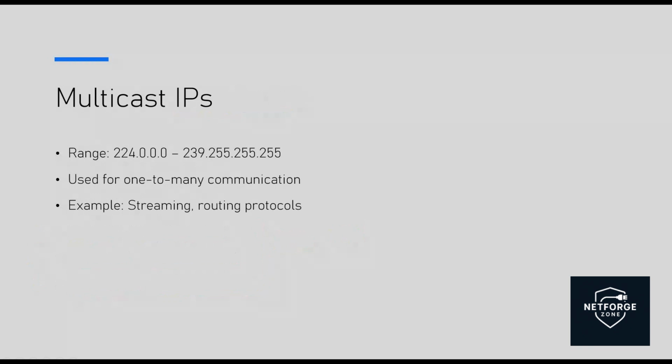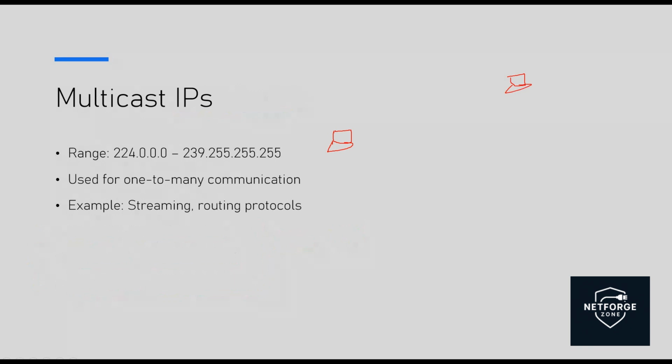And finally, we have something that we call multicast IP addresses. Multicast means that I am sending one packet, but multiple recipients are going to receive it. Let me just give you a very short hint about this. Say there is a streaming server in here that sends some video, let's say, or a podcast or something like that.